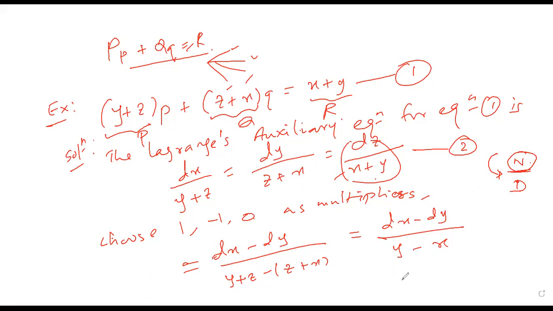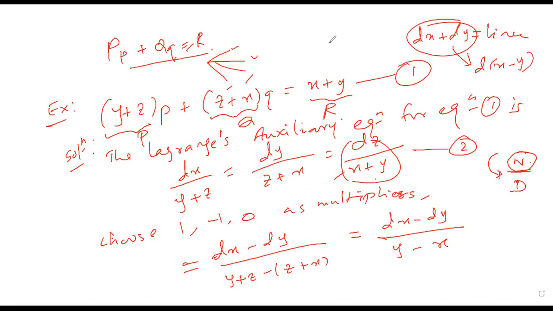So look at this one, since these are linear, dx, dy, this kind of equation we call linear, no? We can write this one as d of x comma y, okay?